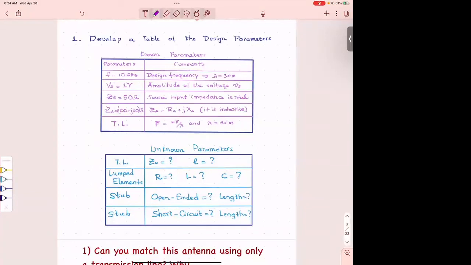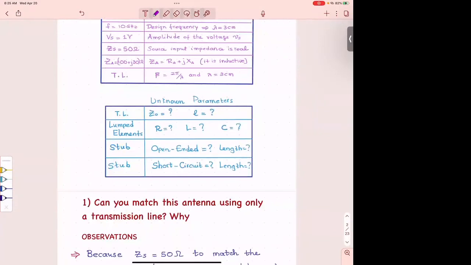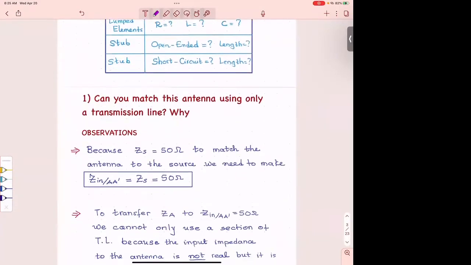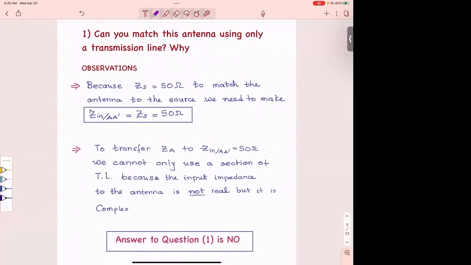Am I going to use a short circuit? And if I do, what is the length? For this particular problem, I created this so it's easy for me every time to remember what I'm looking for and what I have in hand. So now after I do this, I'm going to answer the questions.